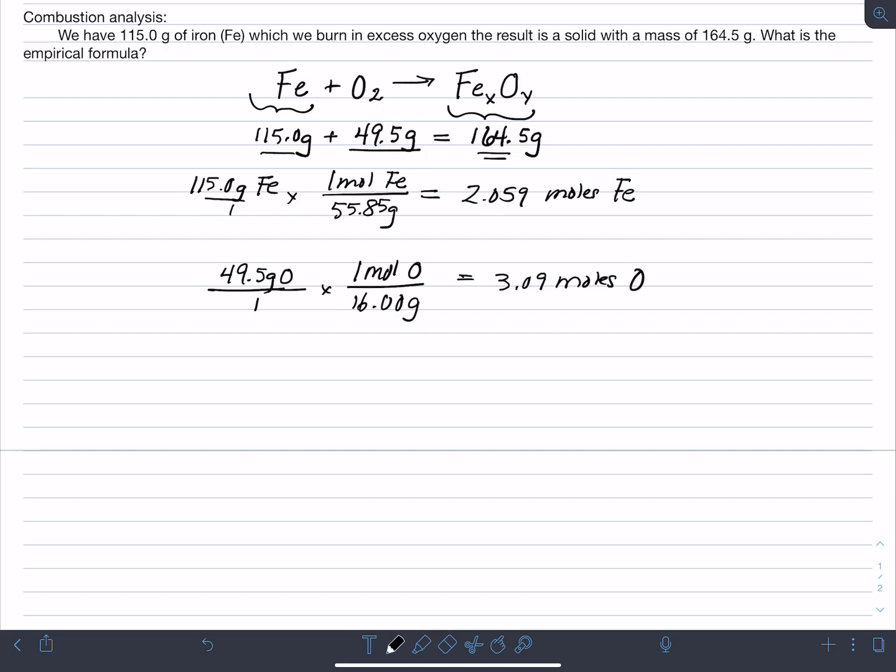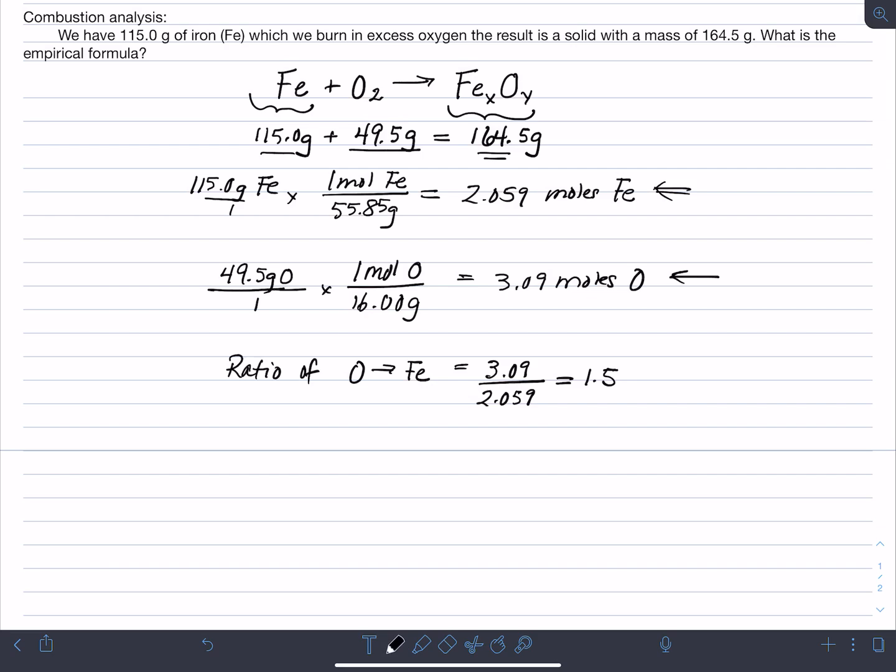Okay, so then what we're going to do is compare the ratio of moles of oxygen to iron. We're always going to take whatever number is bigger and divide it by whatever number is smaller. So the ratio of oxygen to iron is 3.09 over 2.059, which equals 1.5.